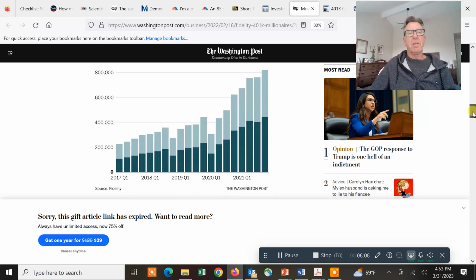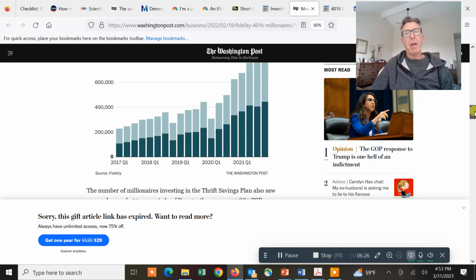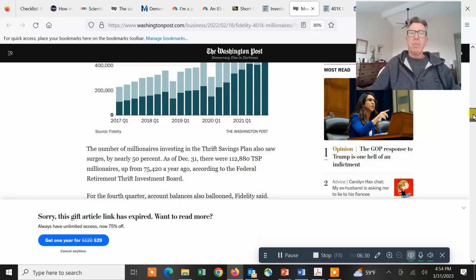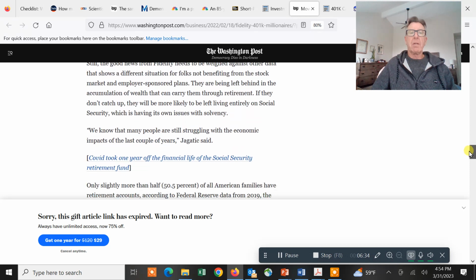It's an amazing thing. So we see in total 800,000 people that are millionaires, and you can split it in half: half have 401ks and the other half have IRAs. That being said, we have 337 million people in our country, so there's a lot of people getting left behind, and that's the bottom line right there.